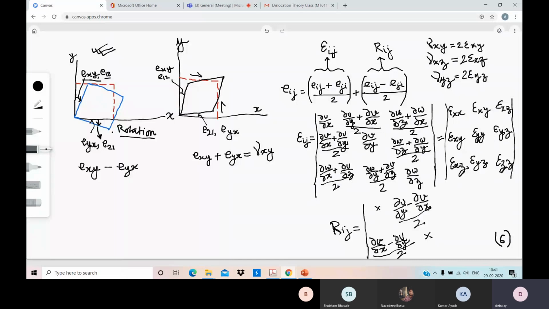So displacement can come from three different aspects. What is one? One, we write as translation. If you take a body from one position and put it in some other position, like taking a chalk from one location and putting it in another, that is called translation.